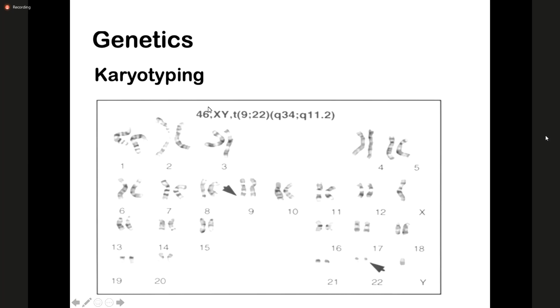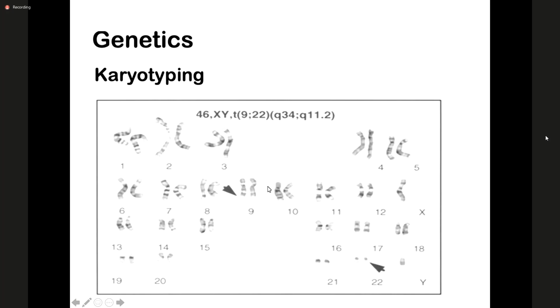Here it says 46 XY, so we know this is a male. Can you all appreciate here that chromosome 9 is a bit longer than its partner, whereas chromosome 22 is shorter compared to the other partner of 22?